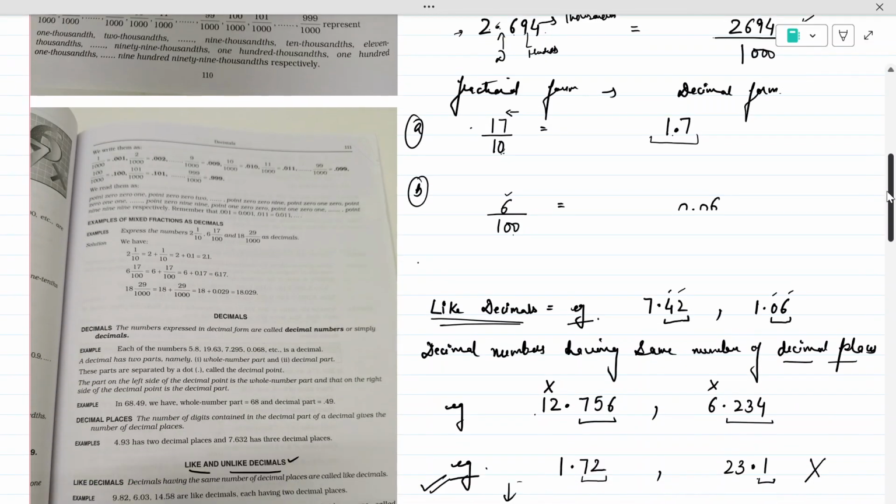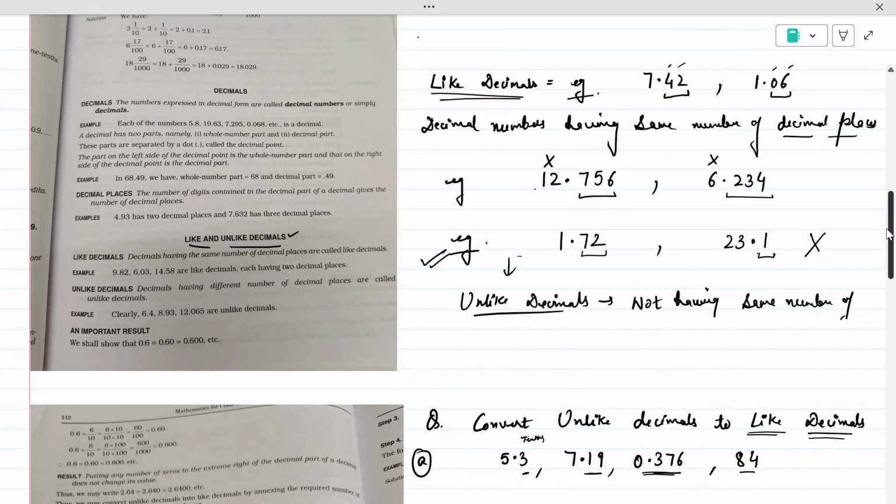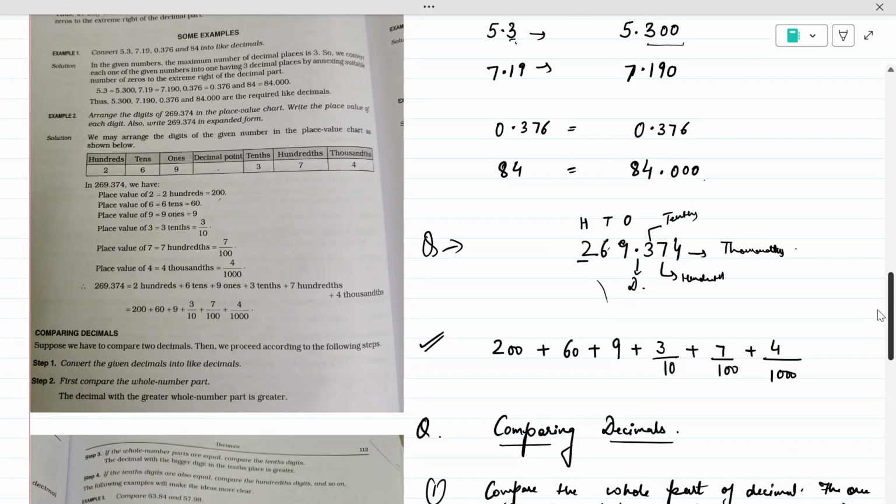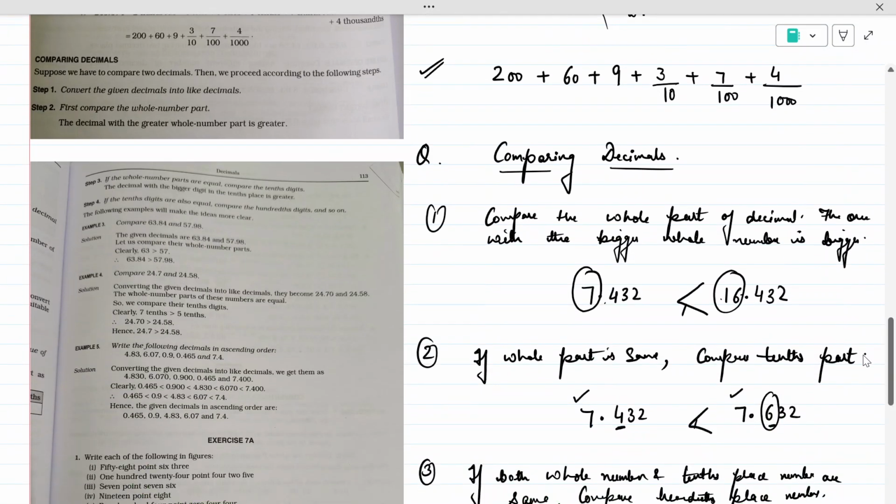And what like decimals and unlike decimals are, and how we can convert unlike decimals to like decimals. Okay, and also we have learned the rules to compare decimal numbers and how we can write them in ascending order.